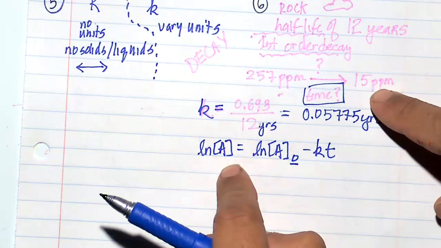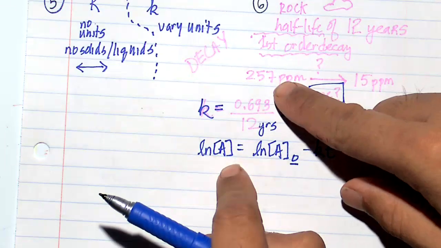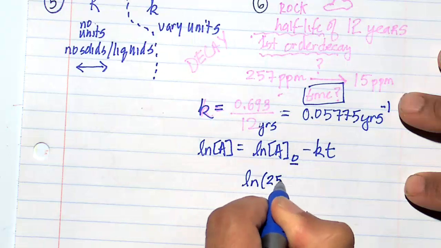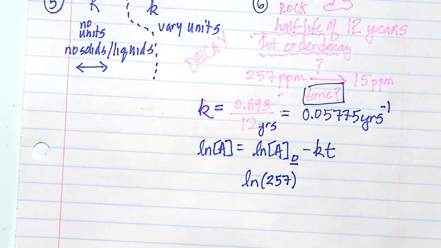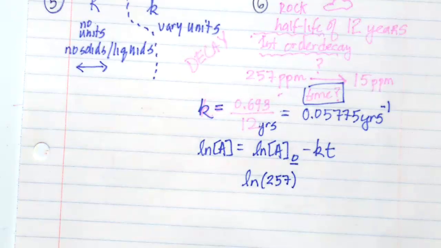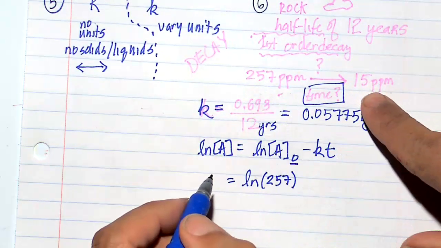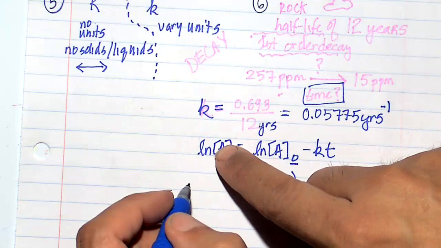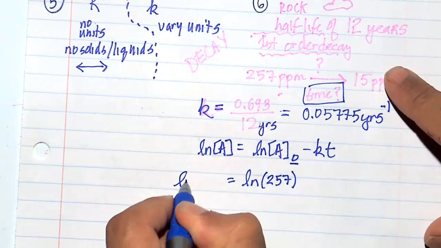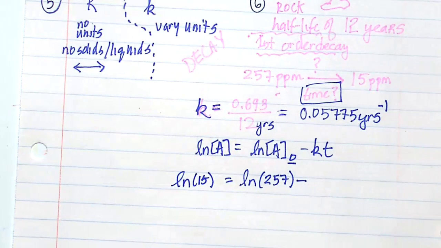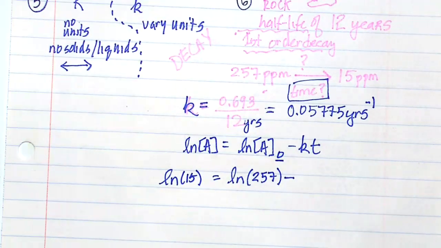So initially we're at 257 ppm. We don't put units inside the natural log, that's just math rules. Natural log of 257 initially. Finally is natural log of 15, so let me fill that in. Minus the k.